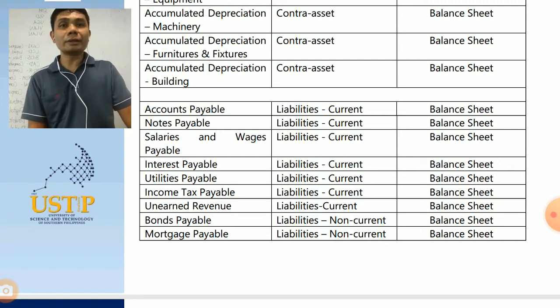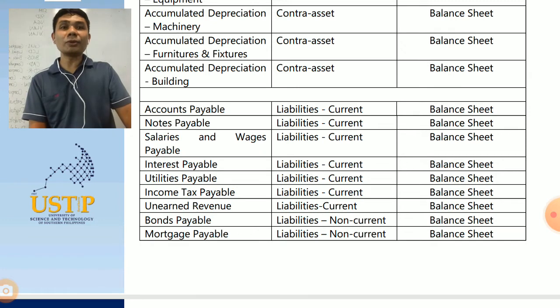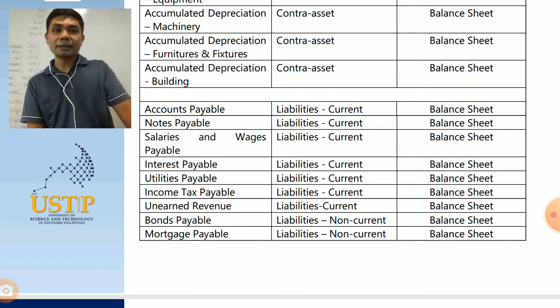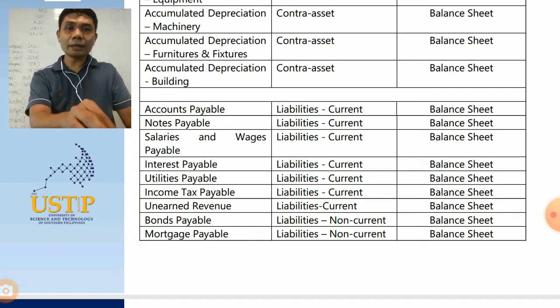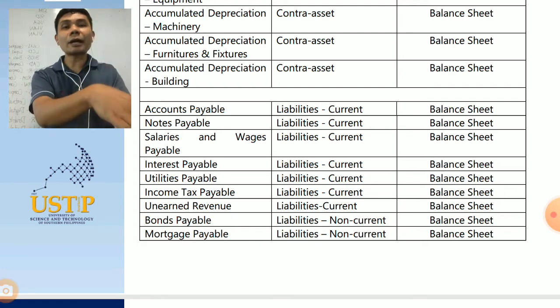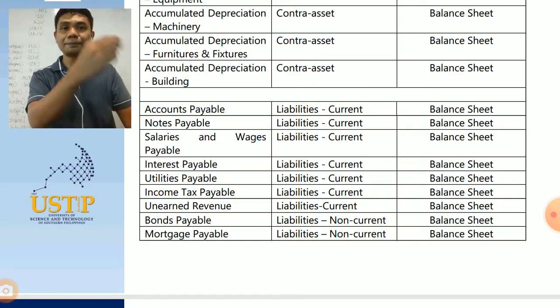Meaning, bayronon nimo sa mga tao nga nagpalit sa bond. So, usually, naay interest. So, aside sa amount nga utang nimo sa mga tao nga nagpalit sa bond, mubayad jud ka og interest sa ila. That's bond payable. Long term siya.